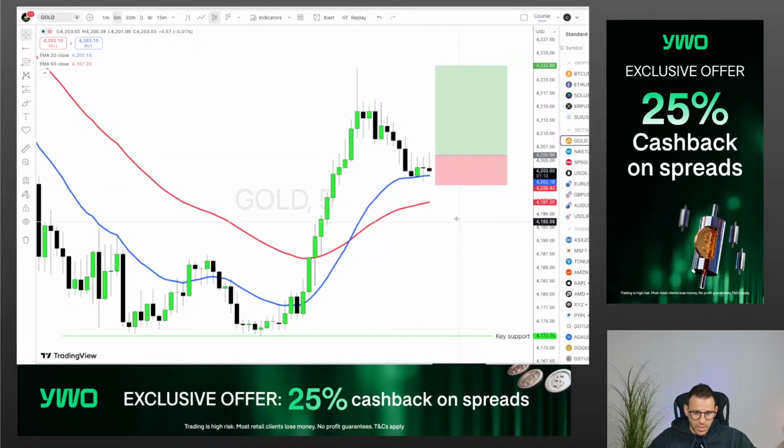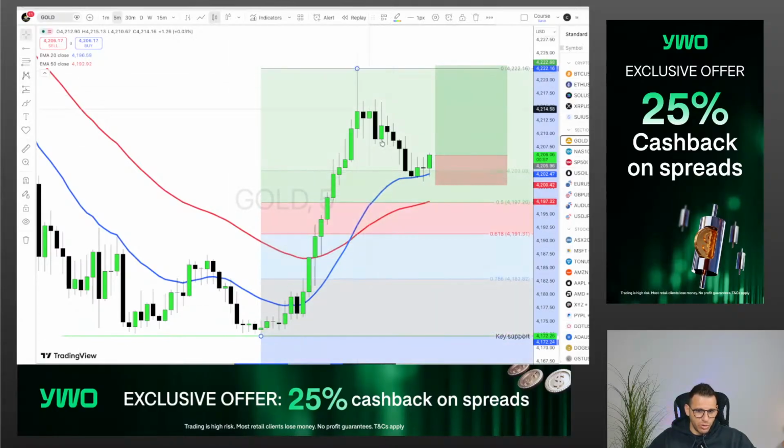Let's see this one here. Personally, I didn't place any trades yet on gold. I'm just showing a potential scenario, okay? I'm not in any trade yet. If we check the Fibonacci from this swing low to that swing high, the retracement was just at 38.2.